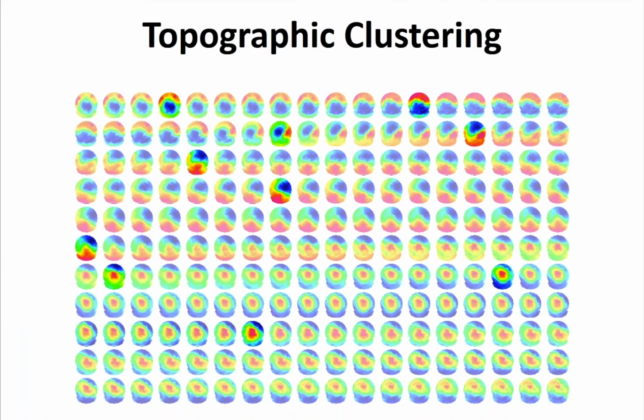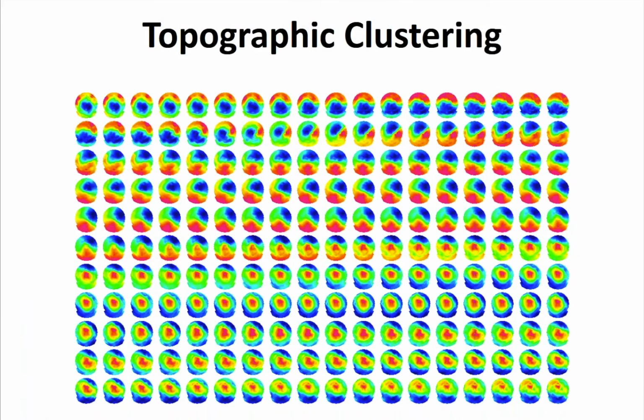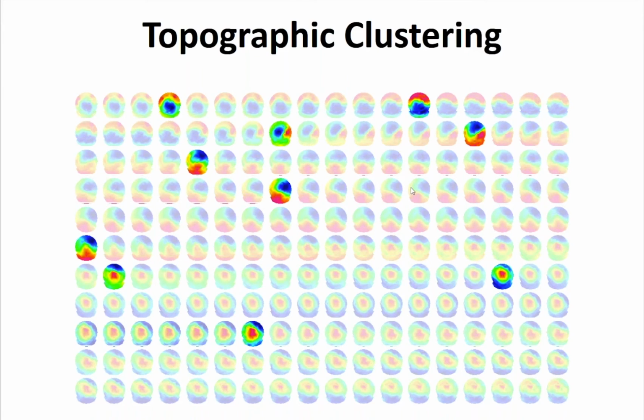If you were to look at a time series of event-related potentials or even resting EEG, what your naked eye can hopefully observe is that the topography doesn't randomly fluctuate in time. There's structure to this data, and it's possible to then cluster the data. To cluster, in this sense, means to reduce the data to a representative set of topographies that explain the maximal amount of variance in the data set.